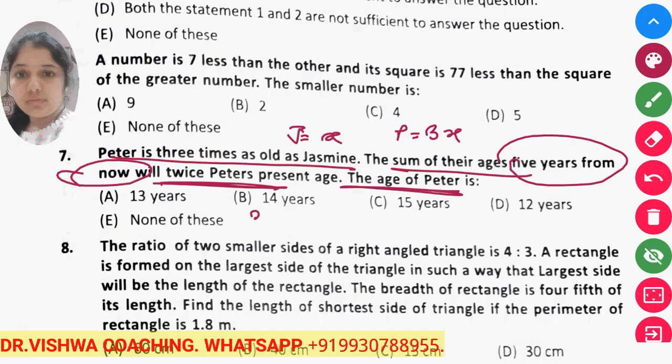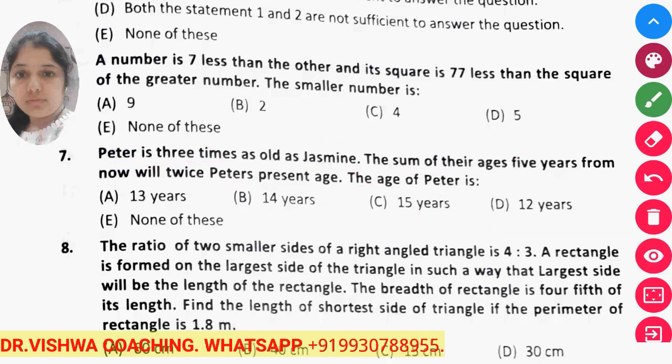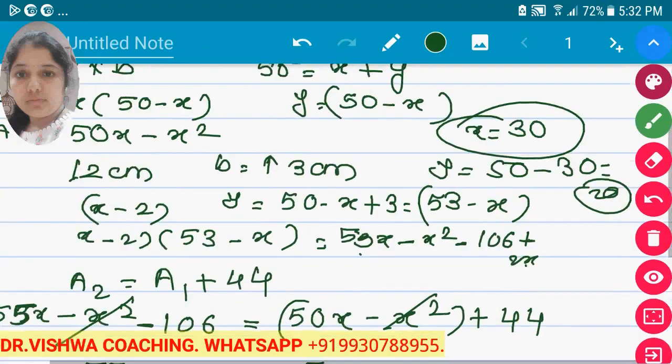Now after 5 years, Jasmine's age will become x plus 5 and Peter's age will become 3x plus 5. Now what is given? Sum of their ages means x plus 5 plus 3x plus 5 is equal to twice Peter's age. What is Peter's age? 3x. So twice Peter's age is 6x. Now solve this.